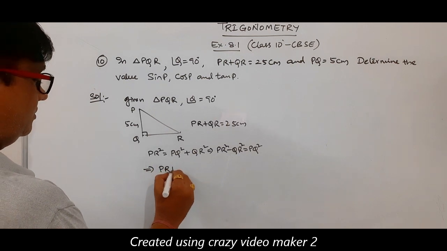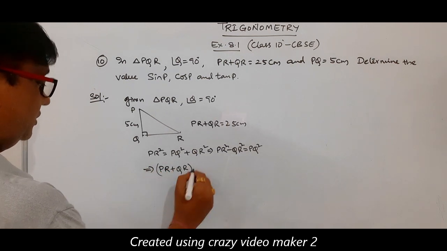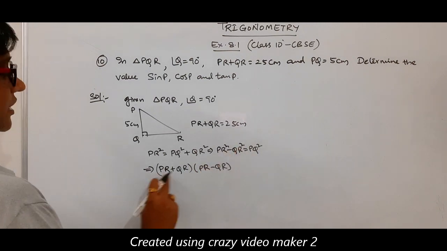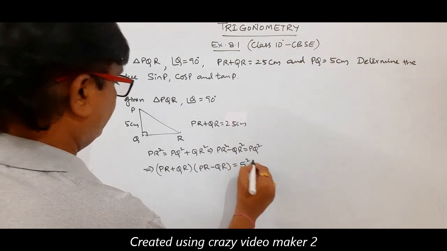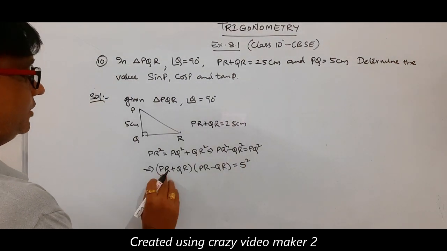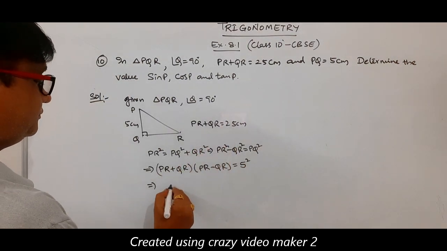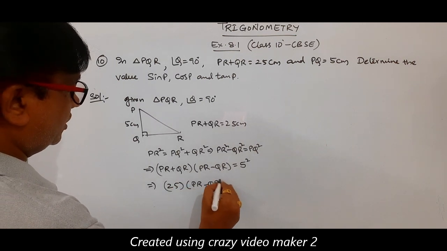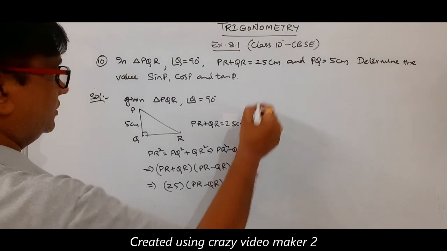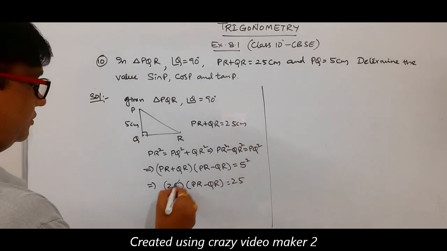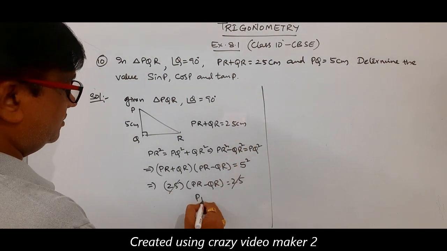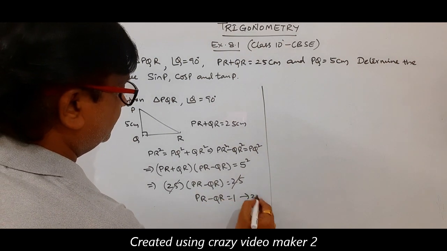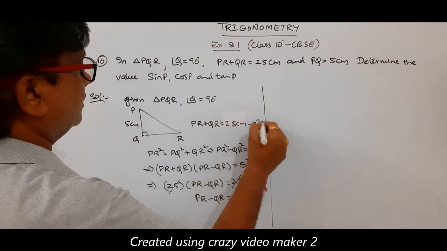Here PR plus QR into PR minus QR, because A square minus B square is A plus B into A minus B, equals 5 square. PR plus QR is 25, so 25 into PR minus QR equal to 25. Here 25 cancels. PR minus QR equal to 1. Let this be the second equation.